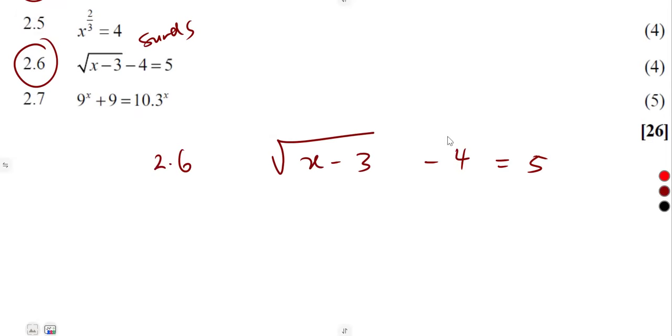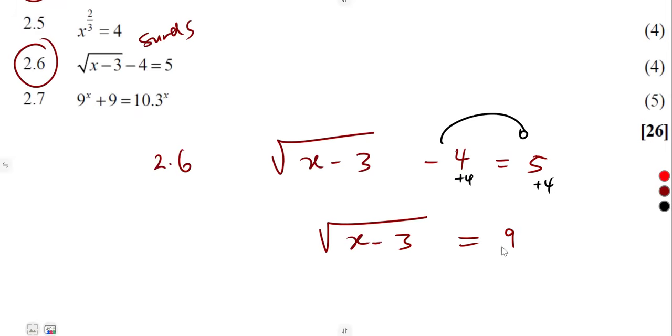So as we can see, what we just need is to transpose -4 to the other side of the equation. So it's going to be the square root of x minus 3 is equal to 4 plus 5. Here we just need to add 4. So 5 plus 4 is what? Is 9. All right, so this is where you are, and you need to get rid of the square root by what? Squaring both sides.